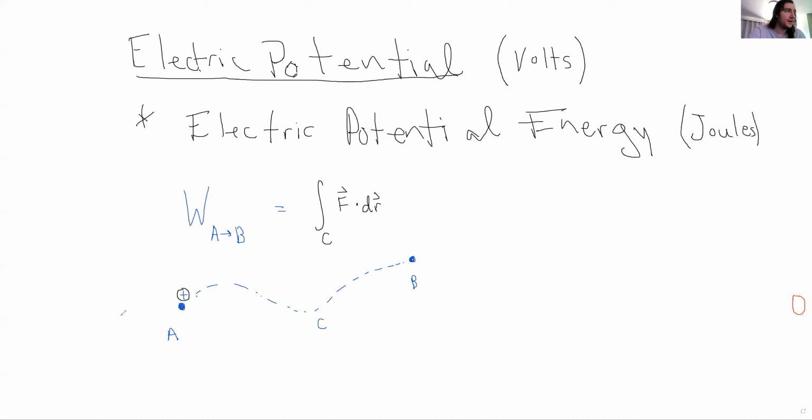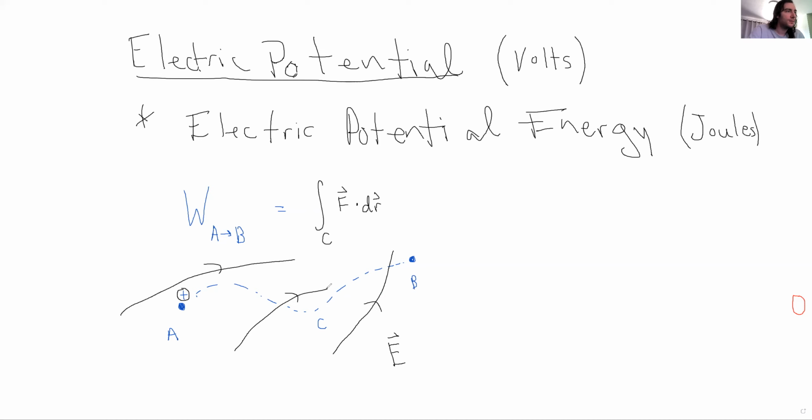And these field lines can be as complicated as you want them to be. They don't have to be nice and simple and uniform, because what we have here is a general answer for what the work is. So they can be a little bit curvy like this. That's fine, as long as your electric field lines don't cross.